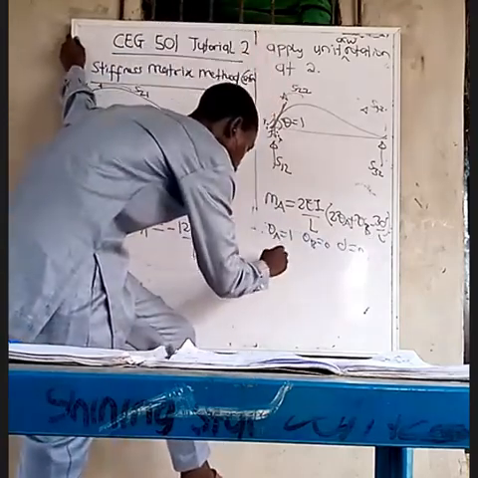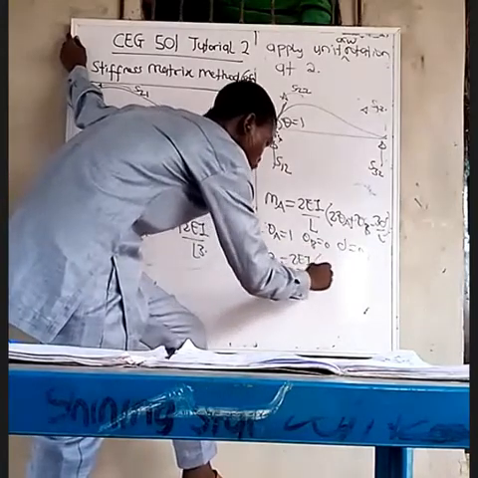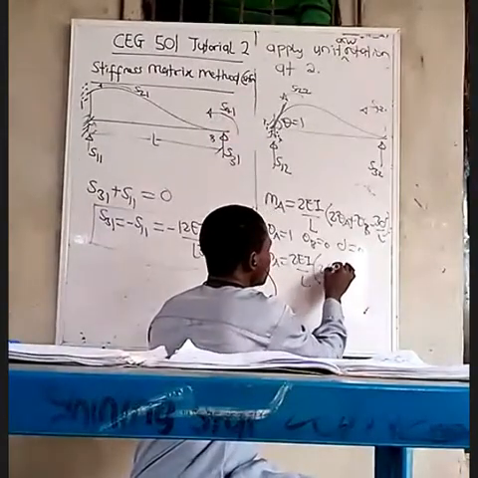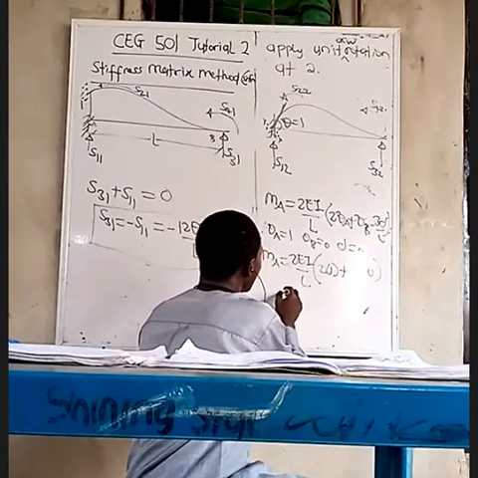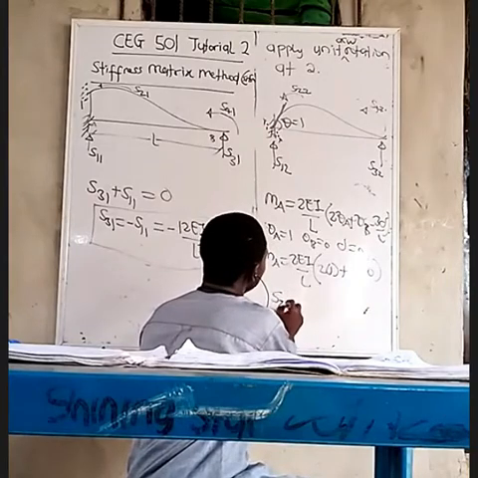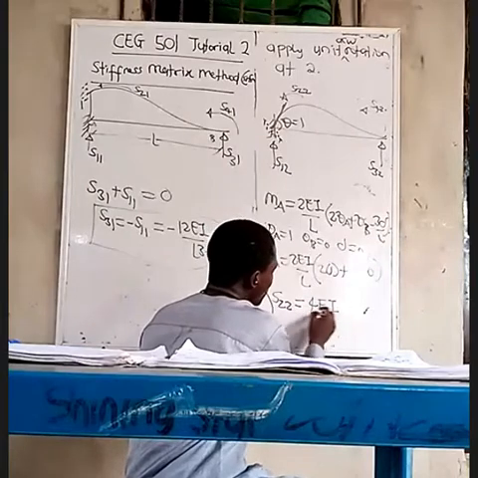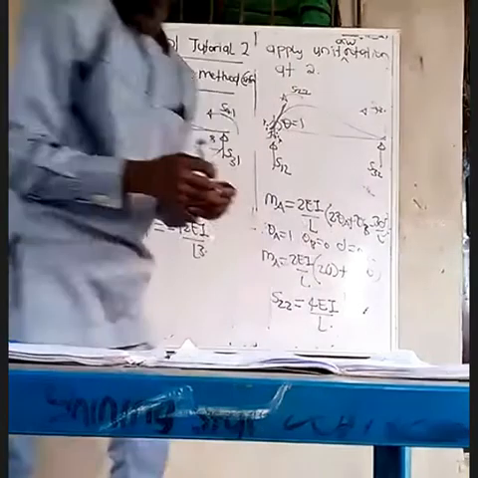There is no deflection. So we have MA equals 2EI over L into bracket 2 times 1 plus theta B 0 minus 0. So that becomes S22 is equal to 4EI over L.